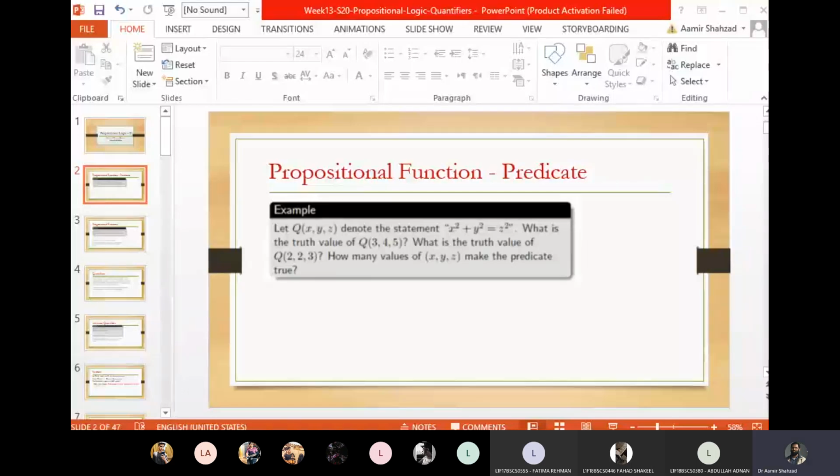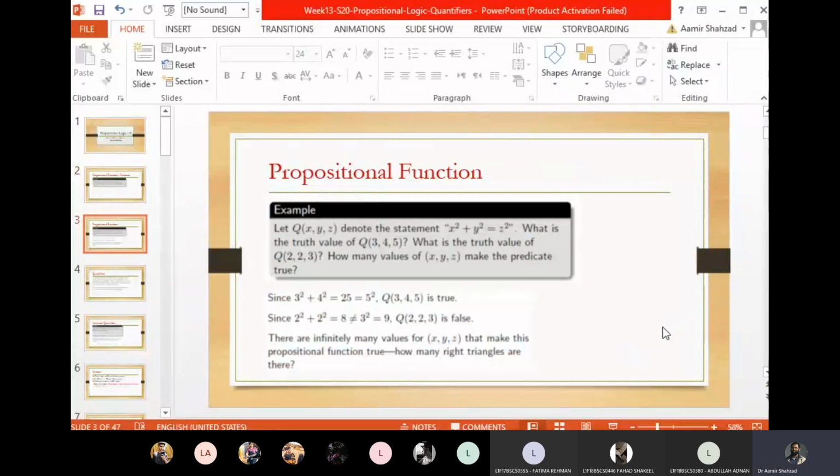So we can just make a right angle triangle and keep on changing the ratio of x and y, or just keep on expanding the right angle triangle. So it will never stop. We will keep on going. So we have infinite values for which x, y, z make the predicate true.